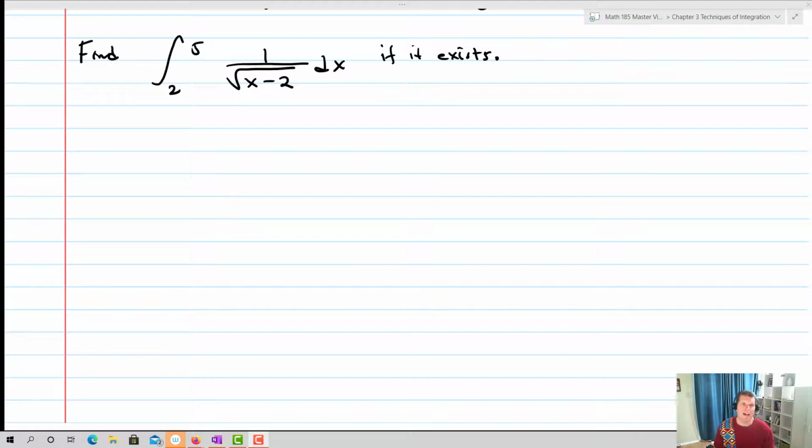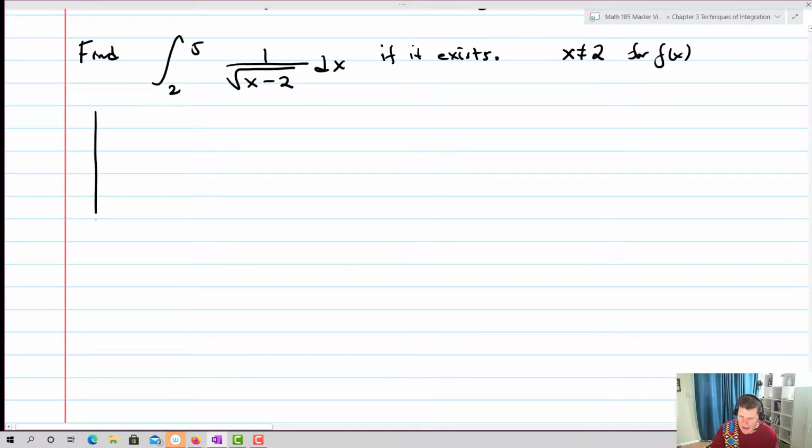Let's say we want to find the integral from 2 to 5 of 1 over the square root of x minus 2 dx, if it exists. Now, we know that x cannot equal 2 for f of x, and so we have a discontinuity there. If you look at it, that discontinuity is going to end up being a vertical asymptote.